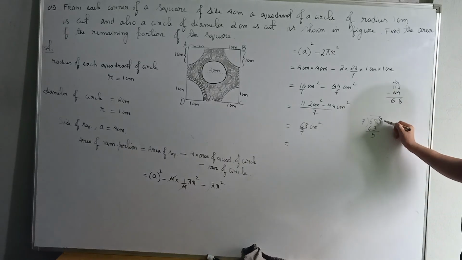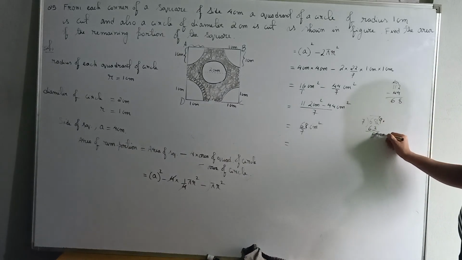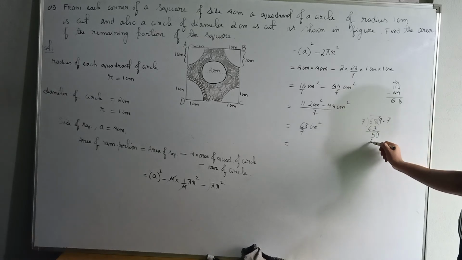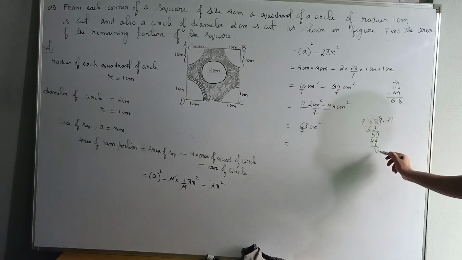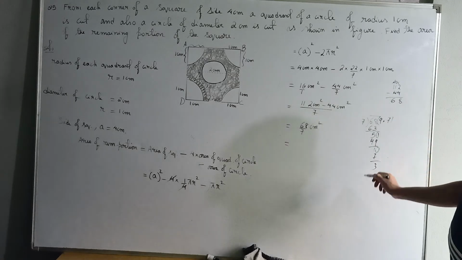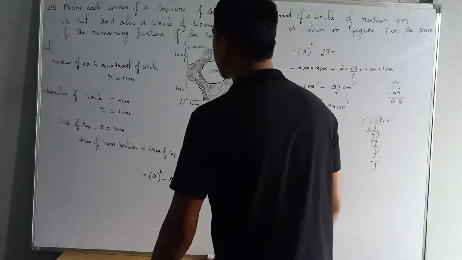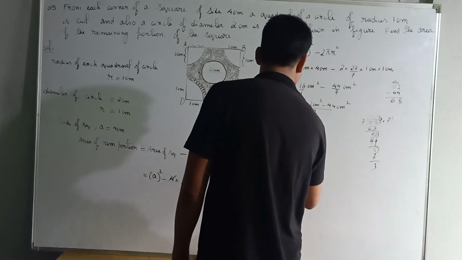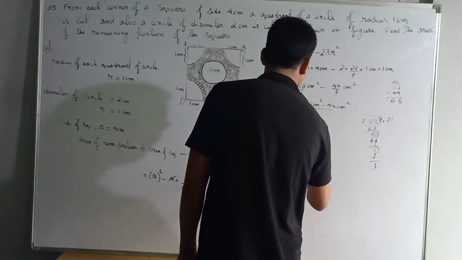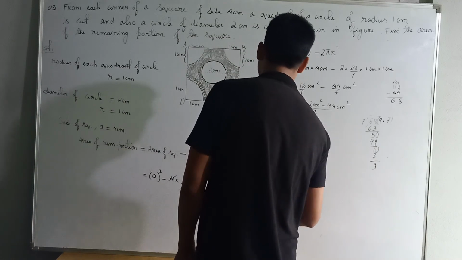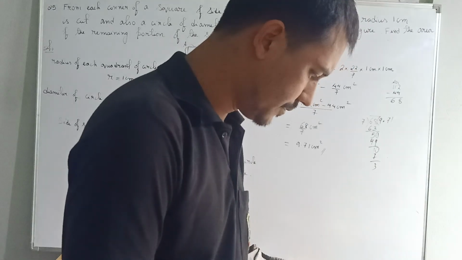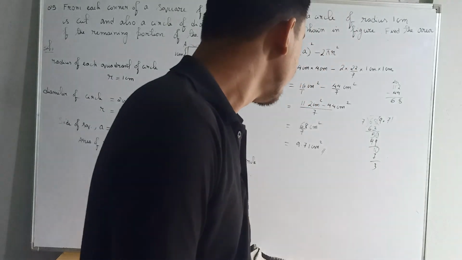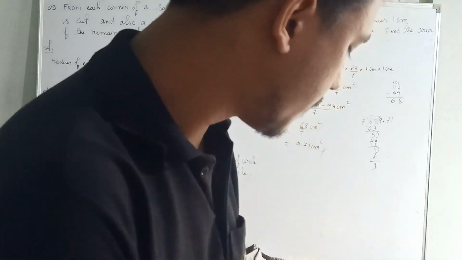We put the decimal point and bring 0 down: 7 times 7 is 49, we have 1 over here, so 0, and 7 times 1 is 7. That's enough. So the area of the remaining portion is 9.71 square centimeter, which is the required solution. Alright, so we go for the next one.